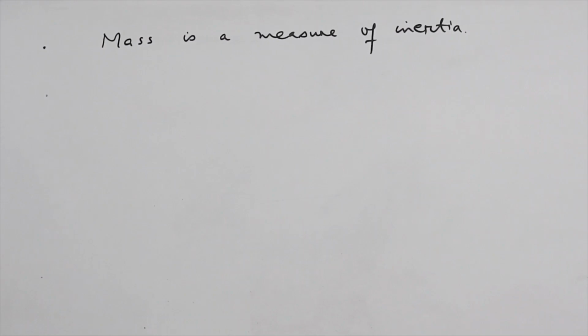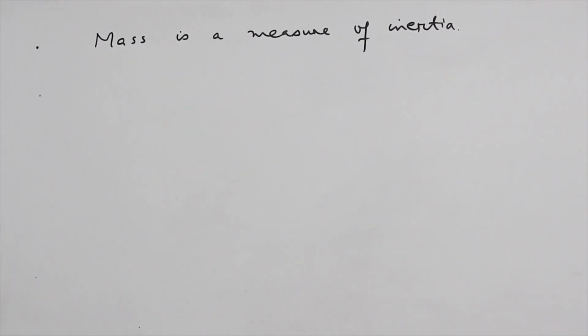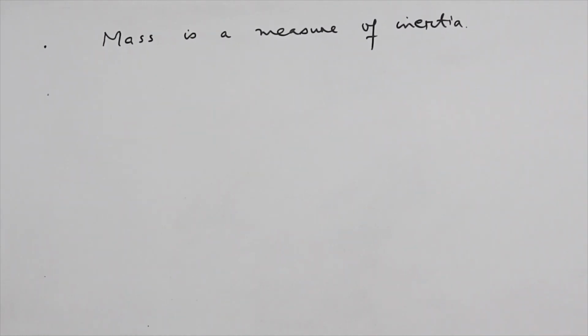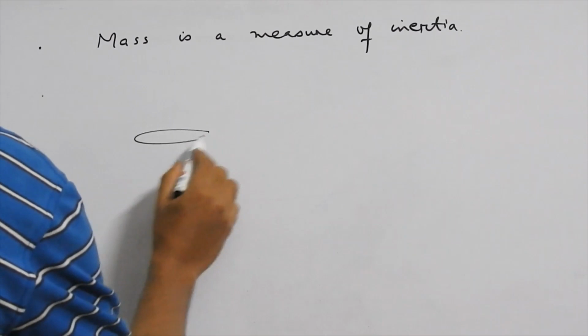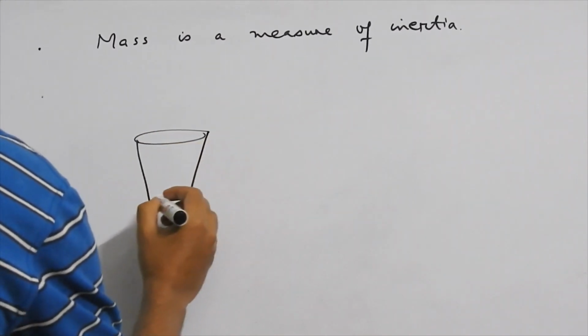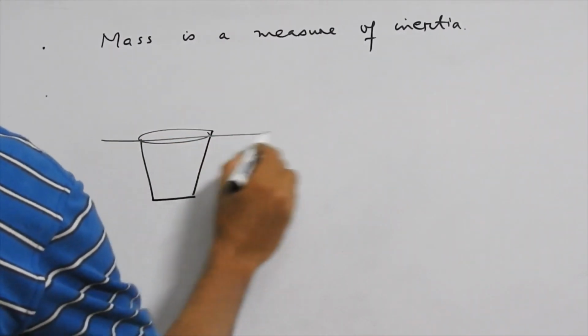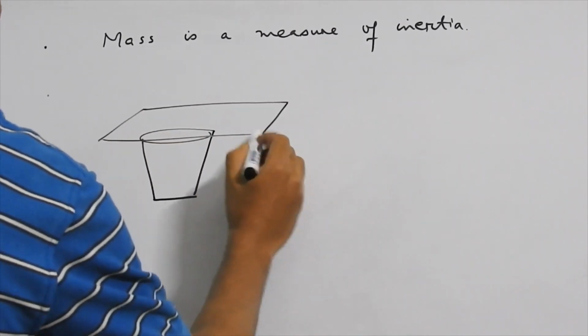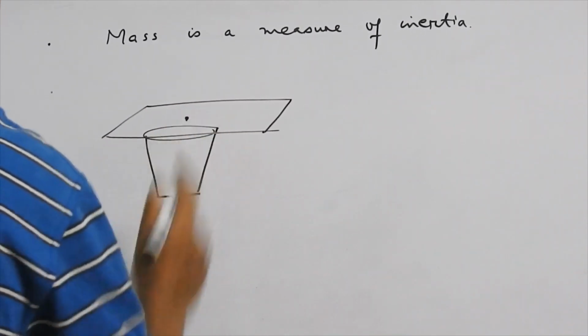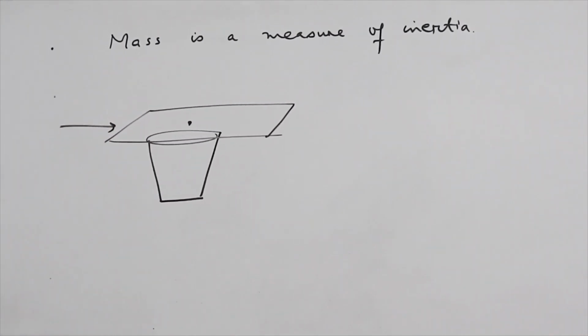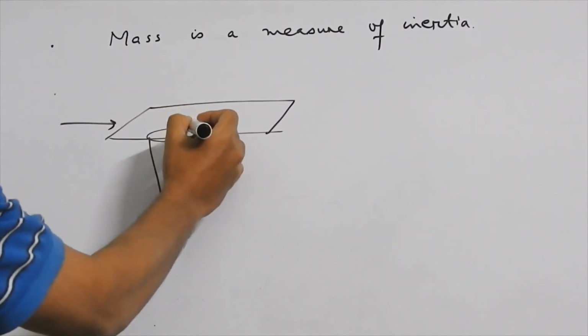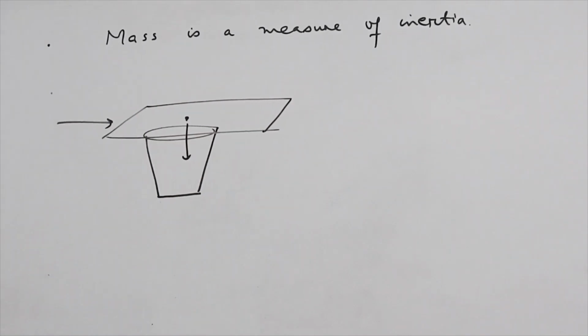A very common example is the motion of a card on an empty tumbler. Suppose you have an empty tumbler or a glass over which you have placed a card, and the card contains a coin. If you suddenly strike the card, it will fly off and the coin will fall into the glass tumbler.